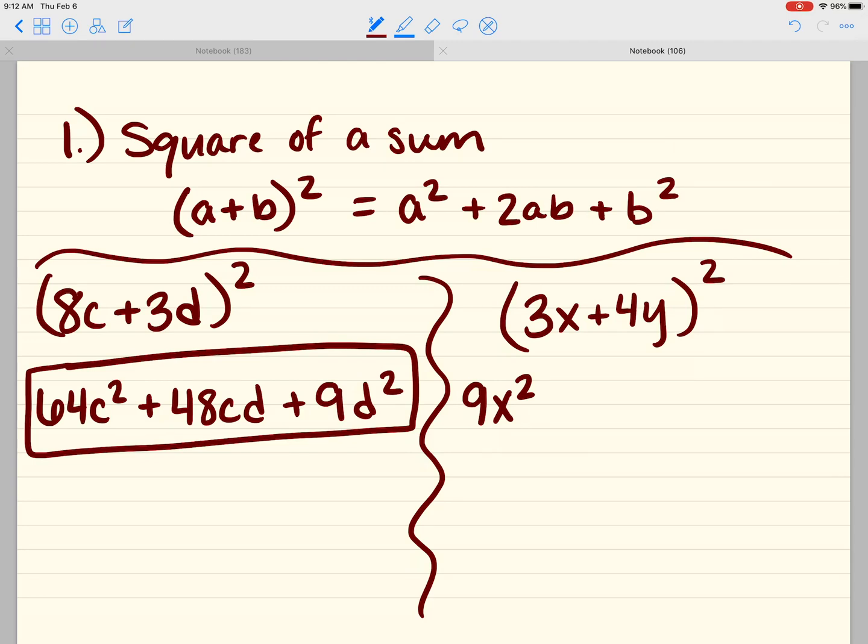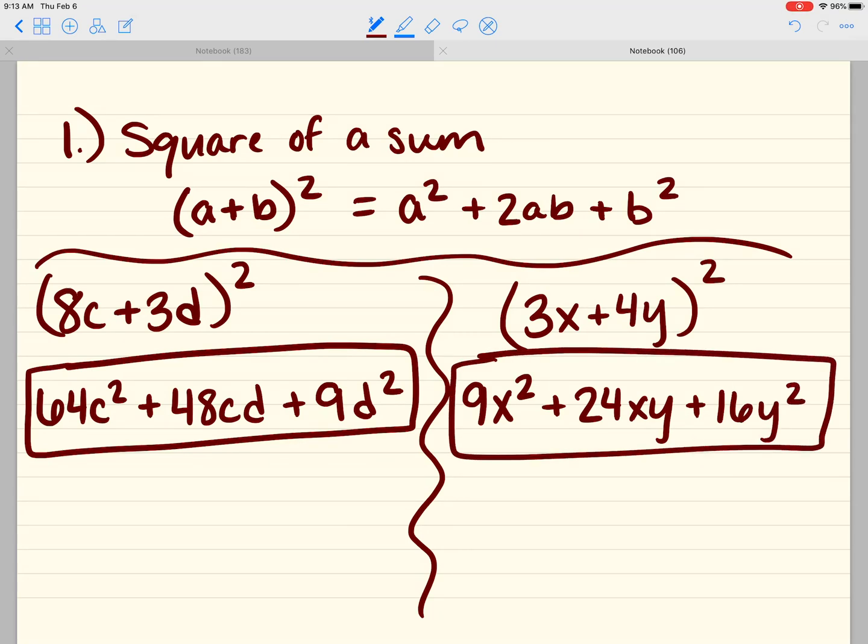And then double it to get 24xy. Good. Okay, and McKinley, what about 4y squared? What would that give you? Good. Okay. All right, you feel okay about that?